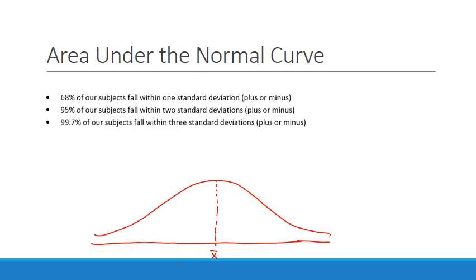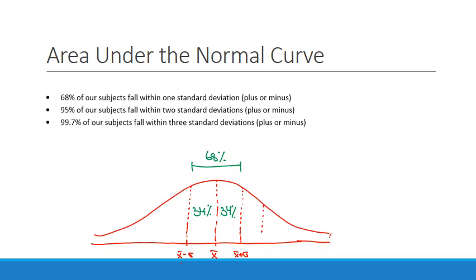So, sorry, if I go my average plus one standard deviation, or my average minus one standard deviation, that's going to account for 68%, right? So that's going to be 34% on this side and 34% on this side. That's my 68%.